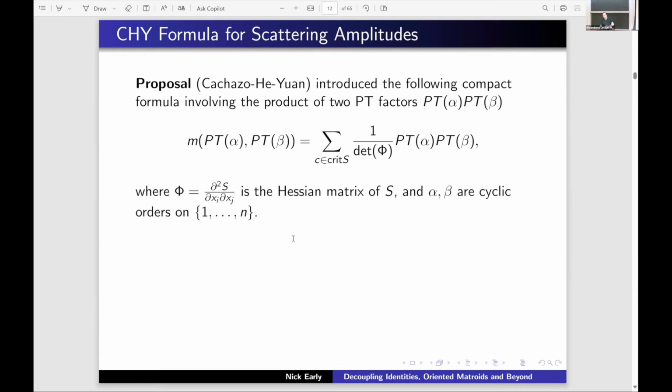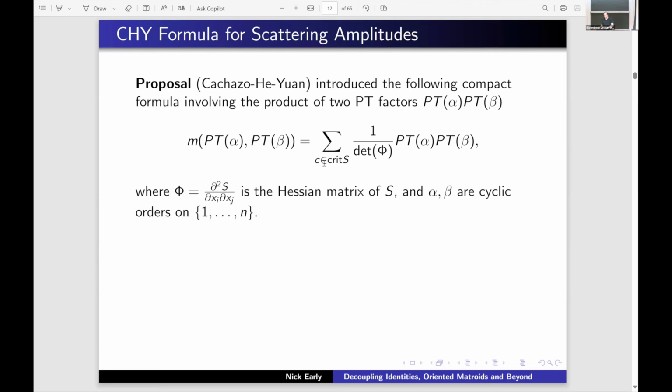So here's the formula that they introduced. Given 2 cyclic orders and 2 tiles, you take the product of the 2 Parke-Taylor factors, divide by the determinant of the Hessian matrix of S, and then sum over all of the (n-3)! critical points of S. Okay, it is what it is.